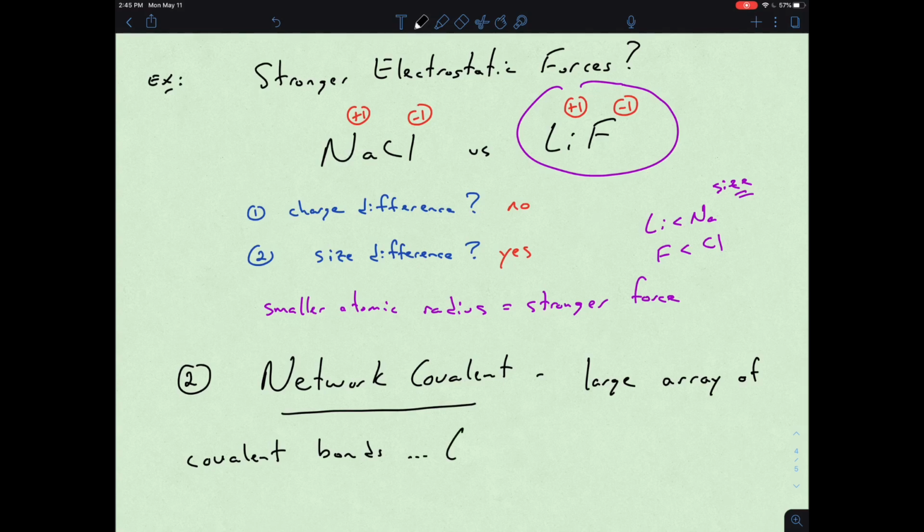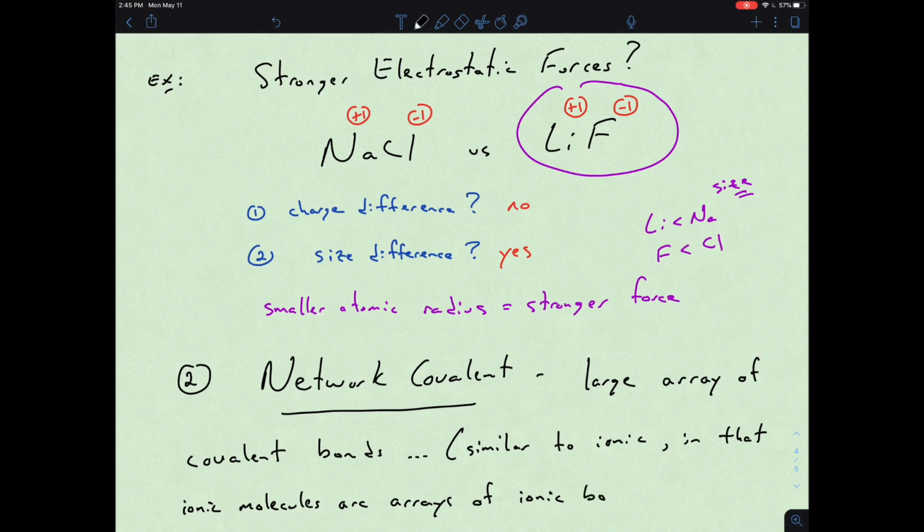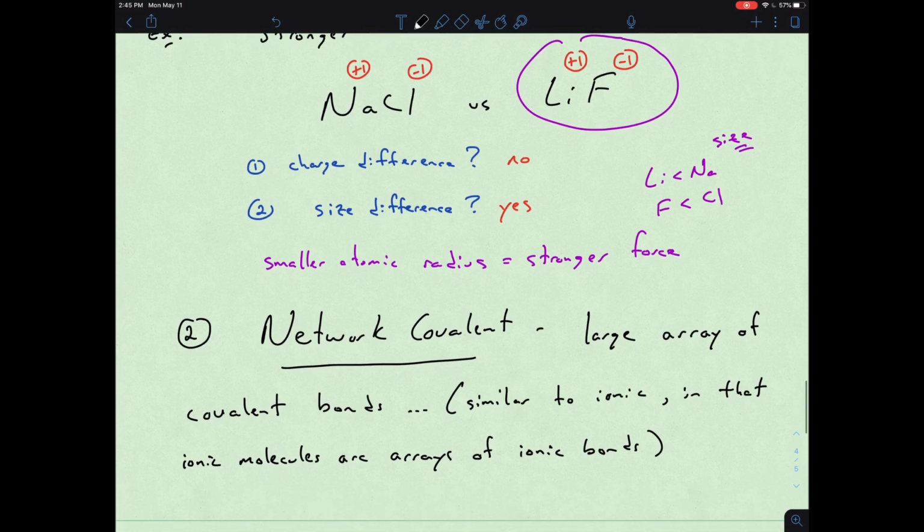This is similar to ionic in that ionic molecules are arrays of ionic bonds, in that sense of an array.